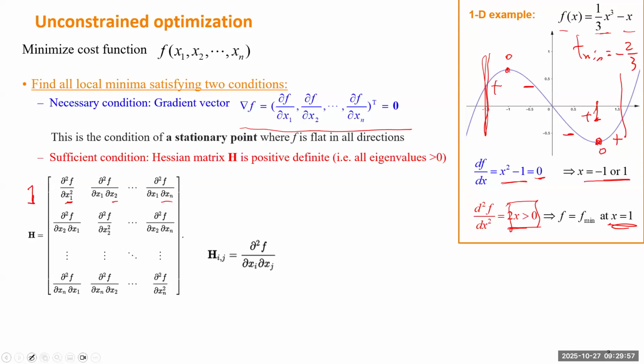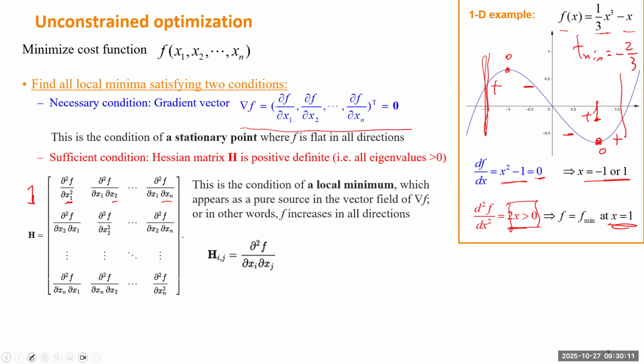If f is smooth locally, you can switch the order of the partial derivatives with respect to x_i or x_j, so it doesn't matter. The matrix will be symmetric. This is the condition of a local minimum.